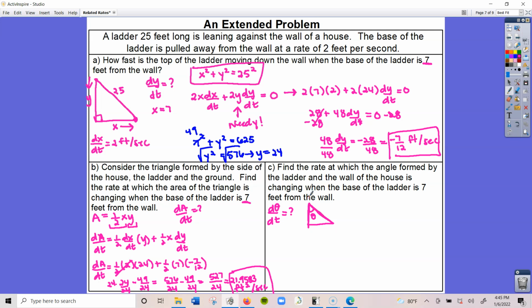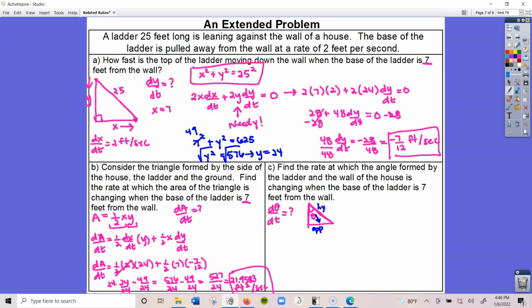Now, you can use any of the trigonometric functions. You can use sine, cosine, or tangent. I will say that sine and cosine are the easier ones to use, but that would be up to you. I'm going to label the sides of my triangle here. If that's my angle, this is my opposite side because it's directly across from the angle.